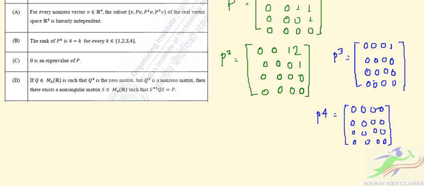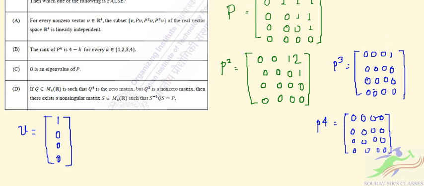So suppose we consider a non-zero column vector V of 1 0 0 0. Now if we multiply this by P, PV is a column vector, and multiplying, you will get the result. Similarly for P square V and P cube V.